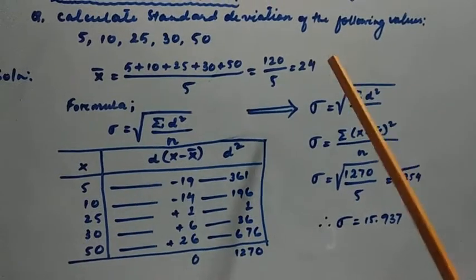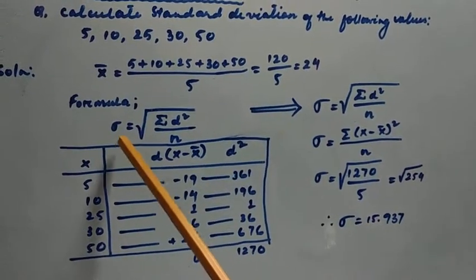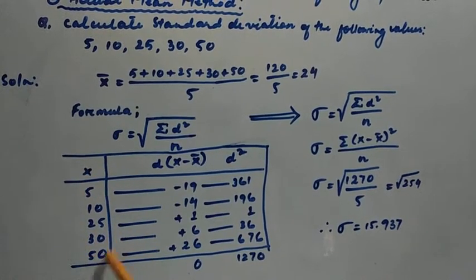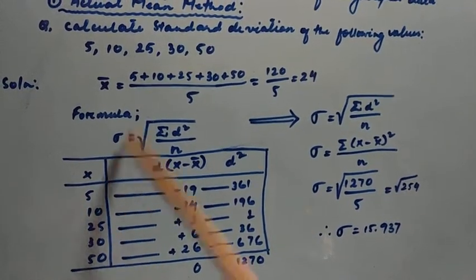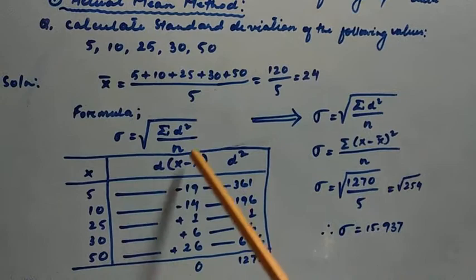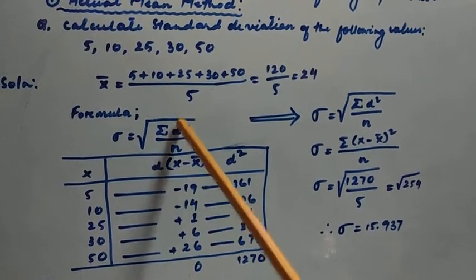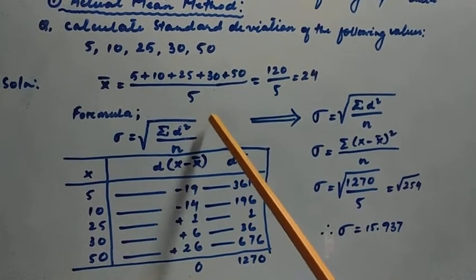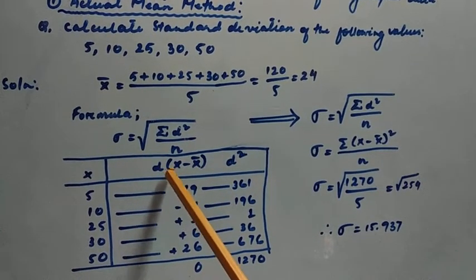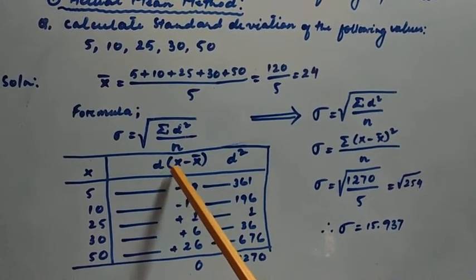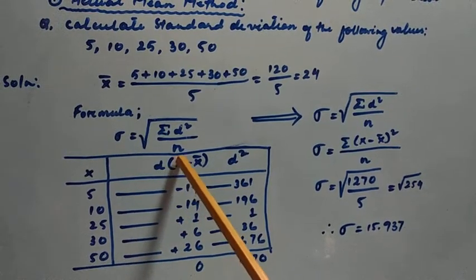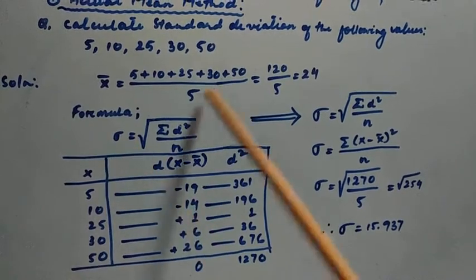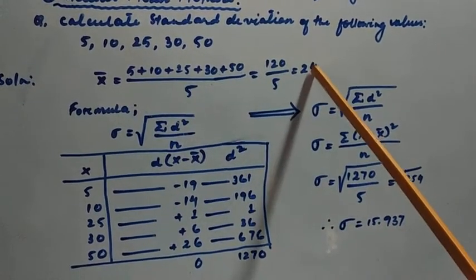Next, you form a table like this. x is the values or data of the question, and you have to find summation d square. To find d square, first you need to find d. How do we find the values of d? d is x minus x bar, and we have found that x bar is 24.